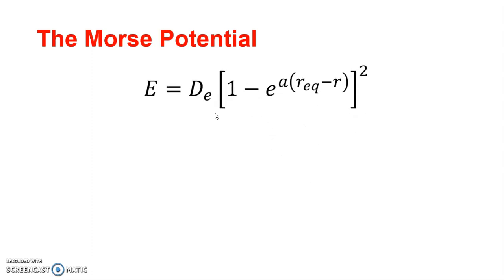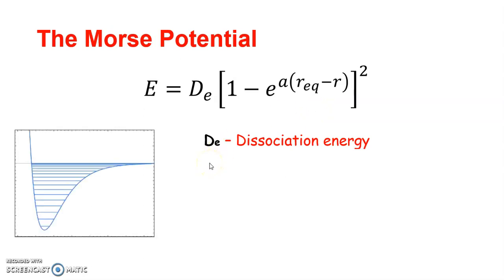to fit this curve, called the Morse potential or Morse function, which is expressed as E equal to D_e into (1 minus e raised to a into (r_eq minus r)) the whole square, where D_e is the dissociation energy of the molecule that you can see in this figure.